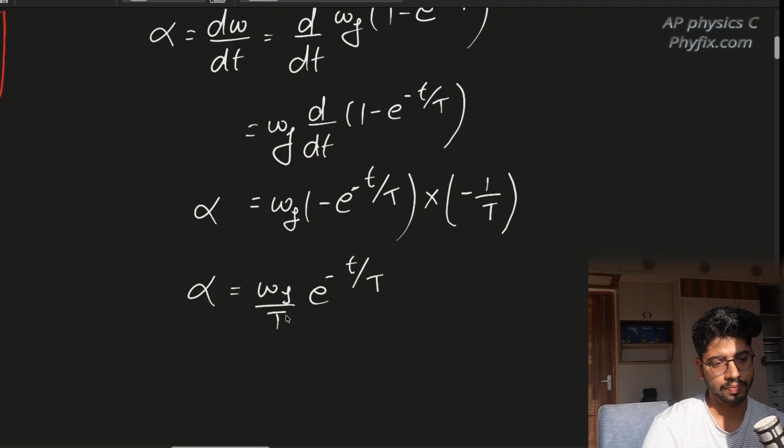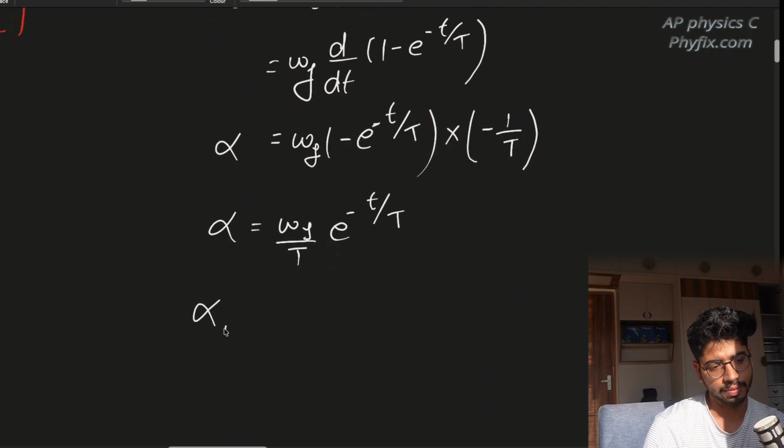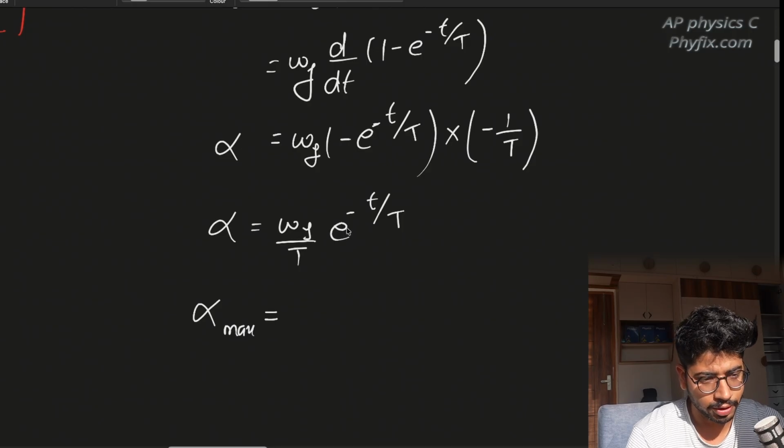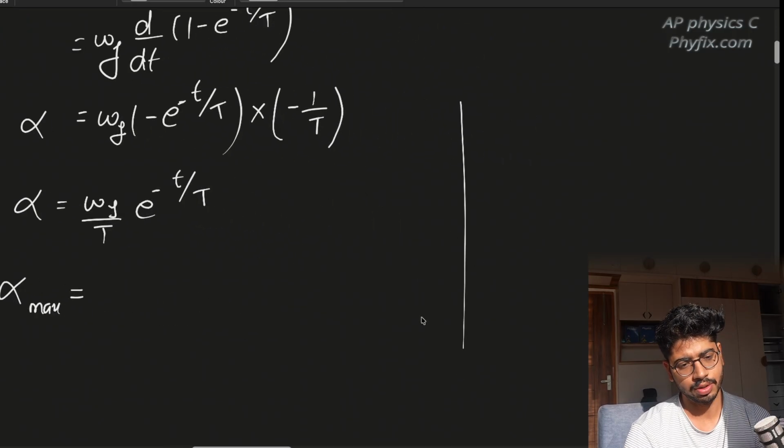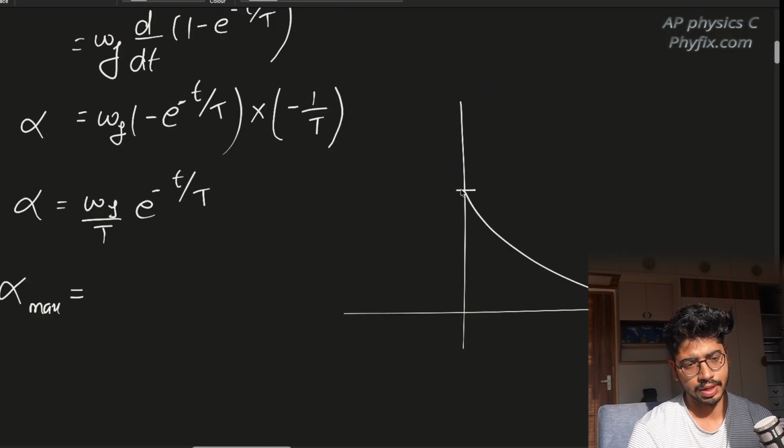Now because we have to find the maximum one: you know the exponential graph is decreasing like this, and as time is 0 it is something like this, but we are not taking negative time.